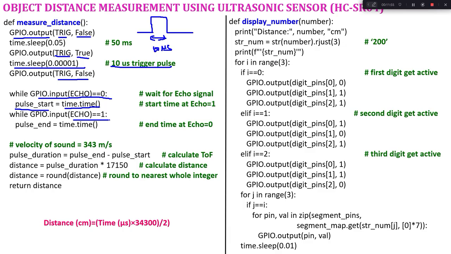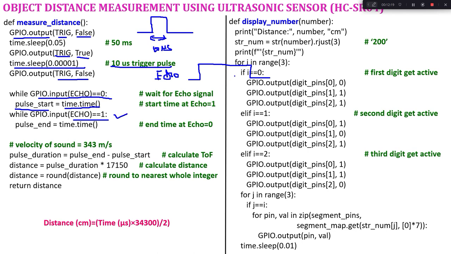The echo signal goes high and remains high until a wave has been received by the module. Once the wave has been received, the echo signal will go to 0. So we are going to be in this while loop until my echo signal is 1.